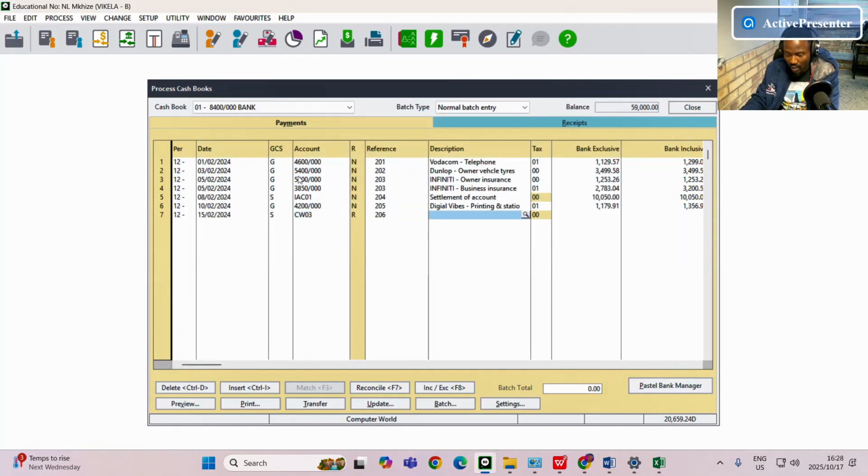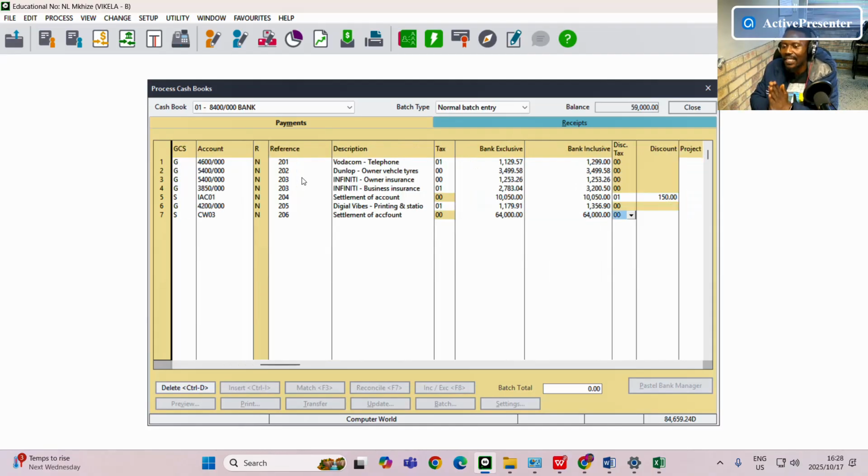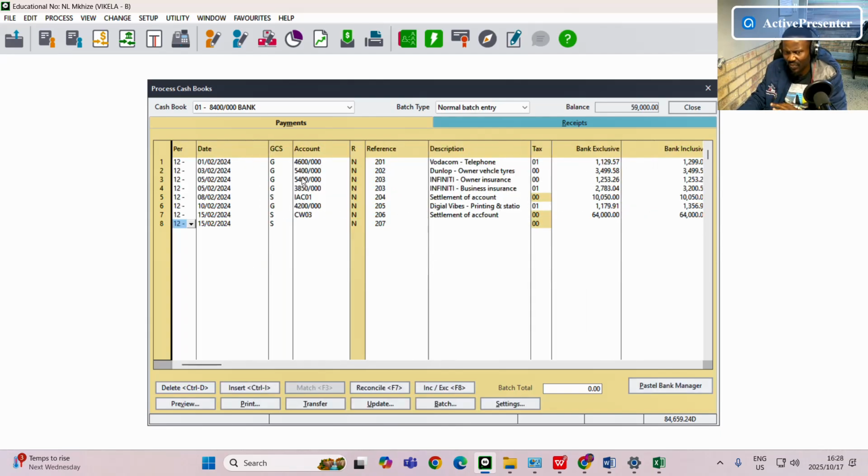Yes, it's 206. Settlement of account. Okay. It's 64,000. Remember, there is a discount. So I need to put the discount tax, which is standard rated. So it's 1, enter, 392. Okay, on to the next page.